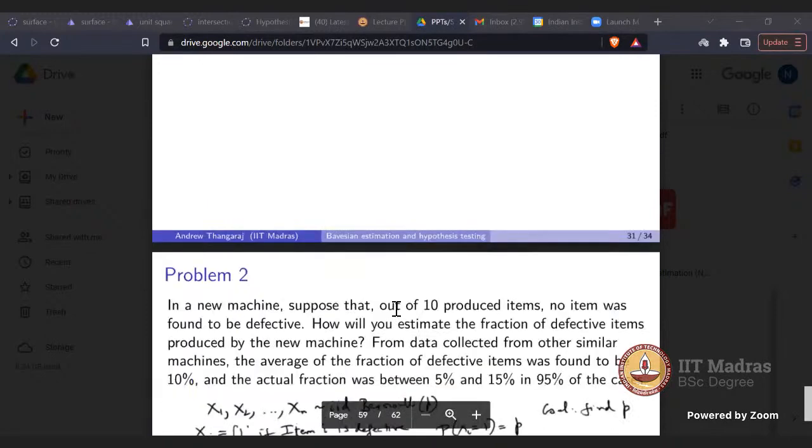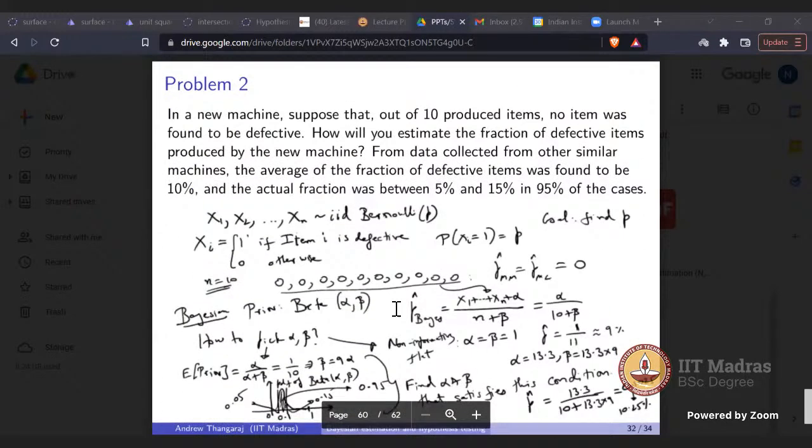And if you look at the second problem here, we had some data about the number of defective items, and we were trying to look at some prior, and from there find the parameters of the distribution, and then try to fit.